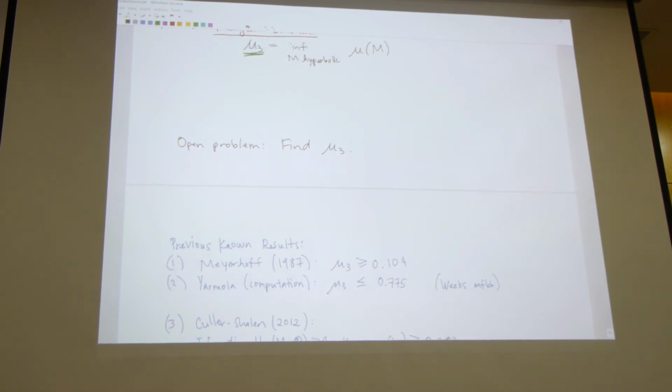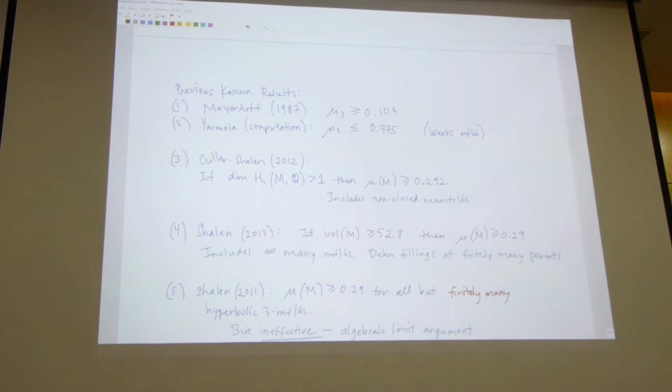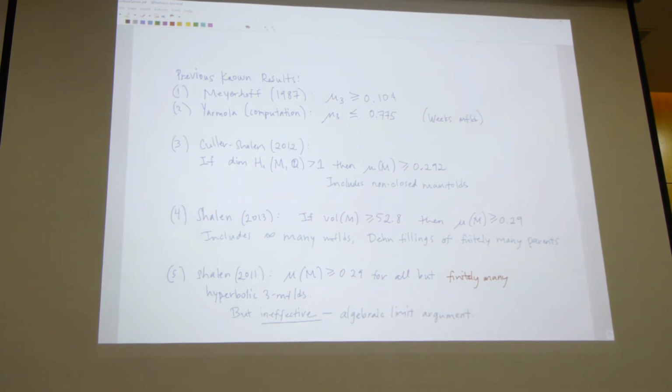There are several known results along these lines. Rob Meyerhoff in 1987 showed that it is at least 0.104, and this is still the state of the art from 1987. In terms of an upper bound, the Weeks manifold has Margulis number 0.775, so you know that the infimum of all of them has to be less than that. This is done by a computation by Jarmola.